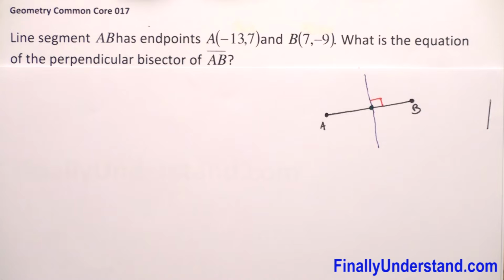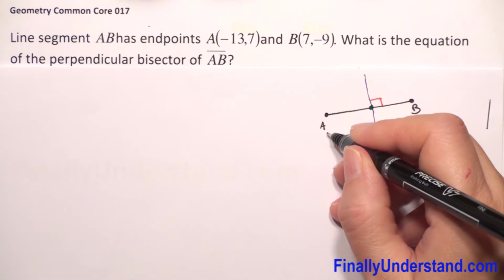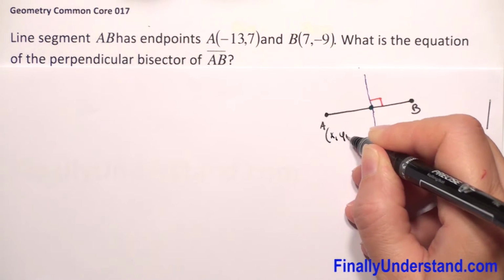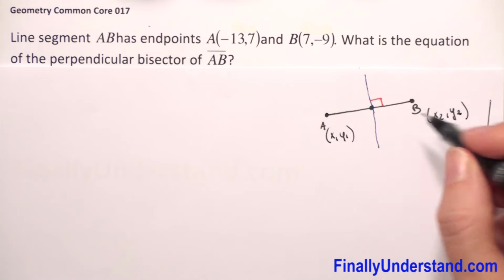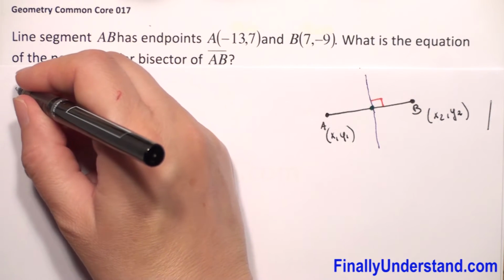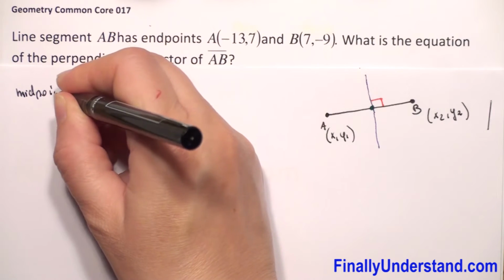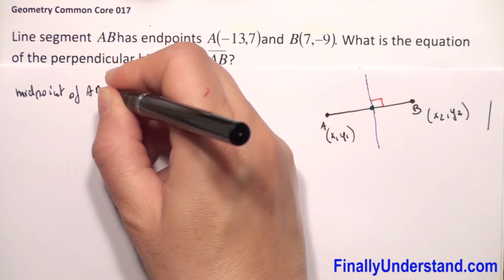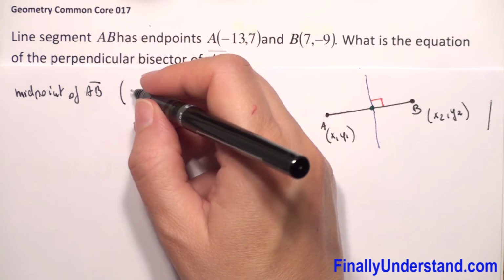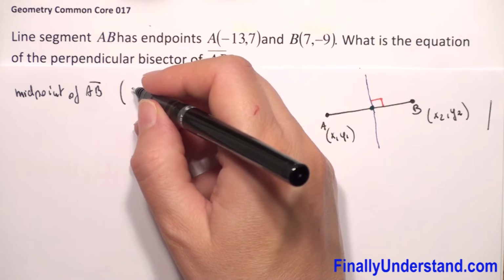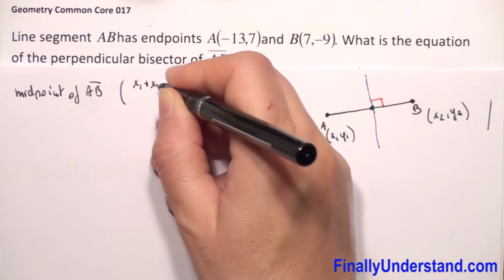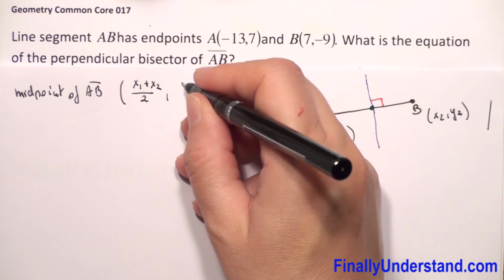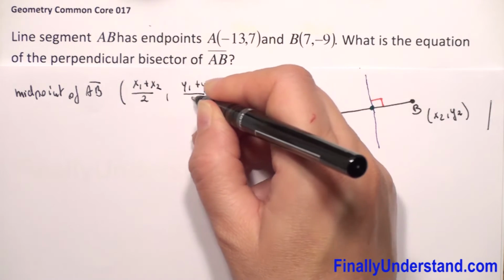Let me remind you of the formula. When we have points A with coordinates x1, y1, and B with coordinates x2, y2, the midpoint of segment AB will have coordinates: first coordinate is x1 plus x2 over 2, and second is y1 plus y2 over 2.